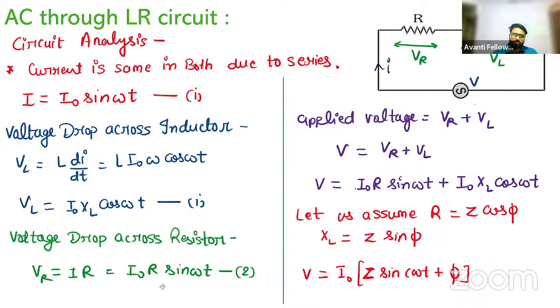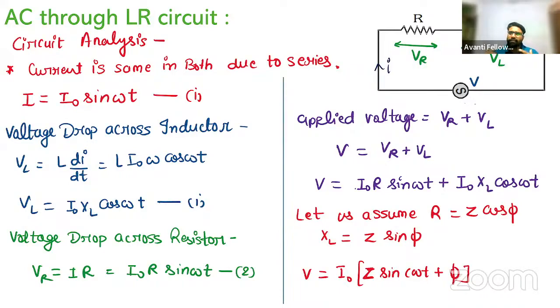Now the voltage drop across the resistor is VR equals V naught sin omega t. It is given by I into R. The value of I is I naught sin omega t, into R. So this I naught R is nothing but the maximum value of voltage across the resistor. Similarly, I naught XL is the maximum value of voltage across the inductor.